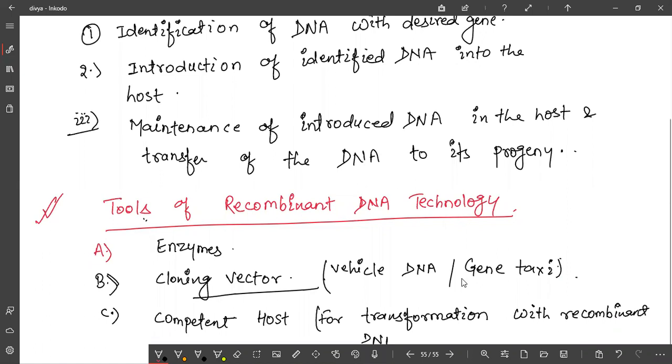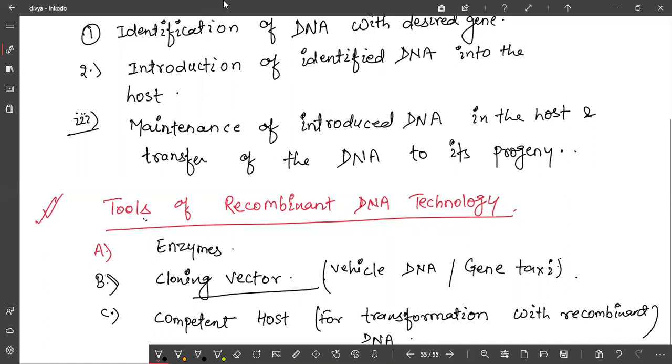Competent host means the host which will easily take the foreign DNA. So for this you have to make the host competent. There are many methods that are used to make the host competent. Is it clear to you?